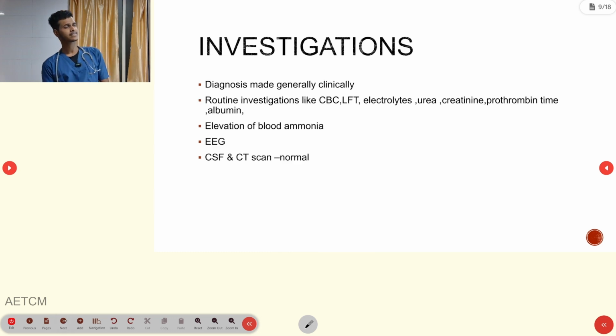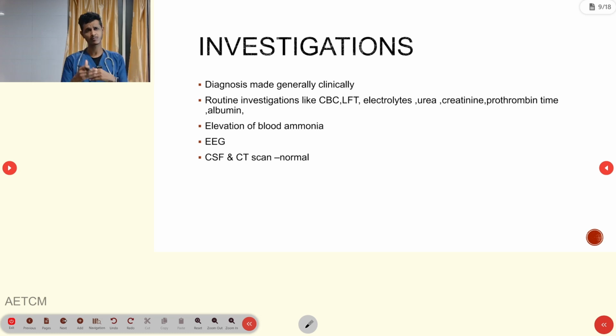Investigation-wise, diagnosis: this is mainly for your in-hospital management. We will go with regular investigations like CBC, complete blood count, LFT, liver function test, electrolytes, and then urea, creatinine, prothrombin time and albumin, because prothrombin, clotting factors and all are synthesized in the liver only. So if any liver failure happens, we have to know about the coagulation studies.